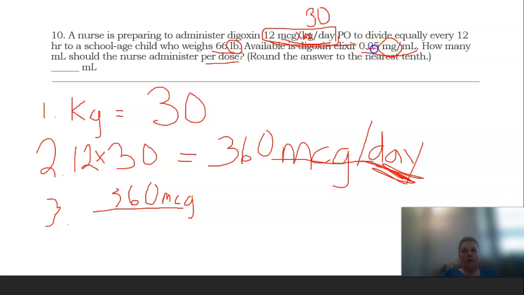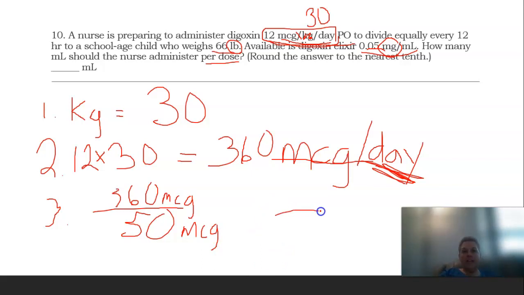Or I would move the decimal 3 places this way. And that would tell me it's 50. If it's 50 micrograms, I'm still good. I've changed that, okay?